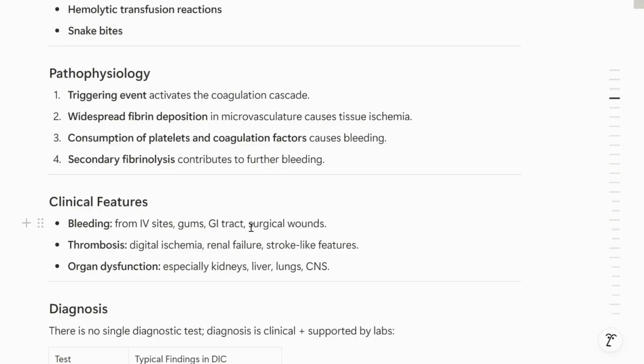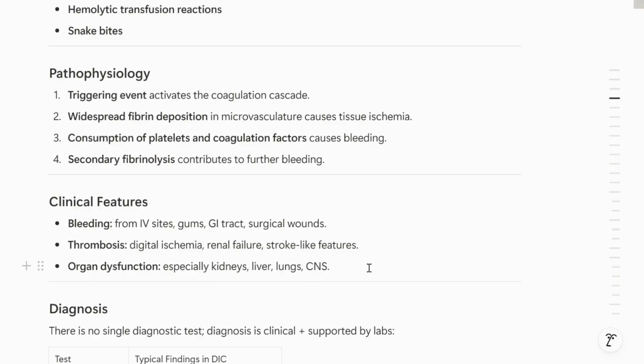As a result of microthrombi in the digits, there could be ischemia. In the major organs, there could be big damage like renal failure, stroke or heart failure. With organ dysfunction, the liver, kidneys, lungs and CNS are all at risk of developing major damage. So such a patient should be diagnosed and managed immediately.